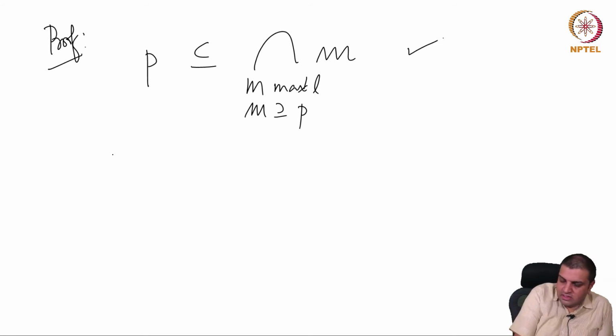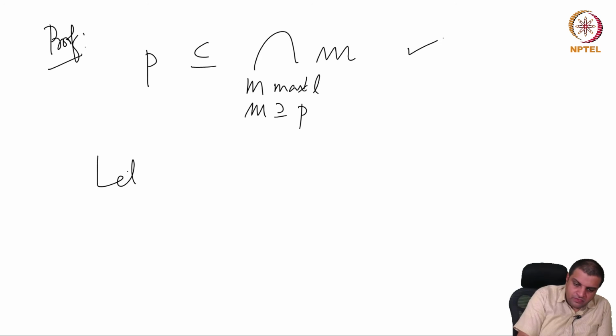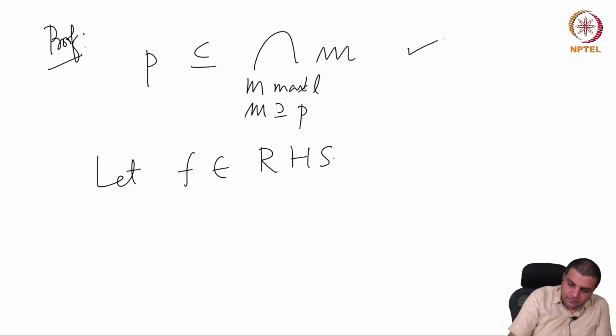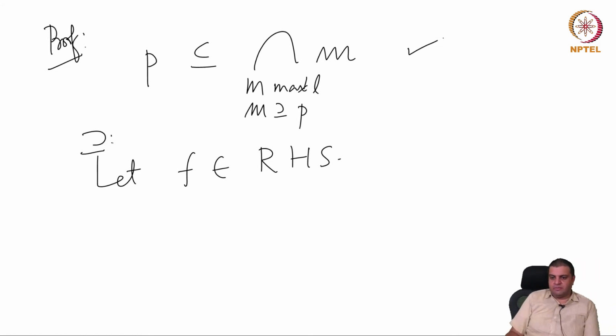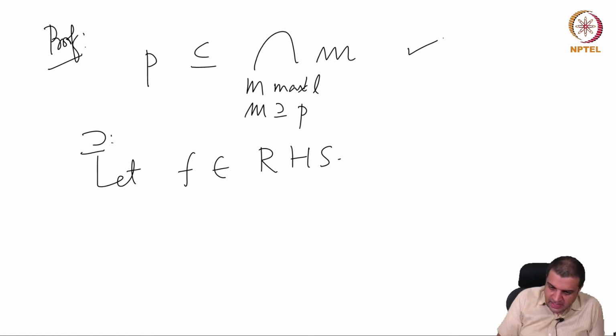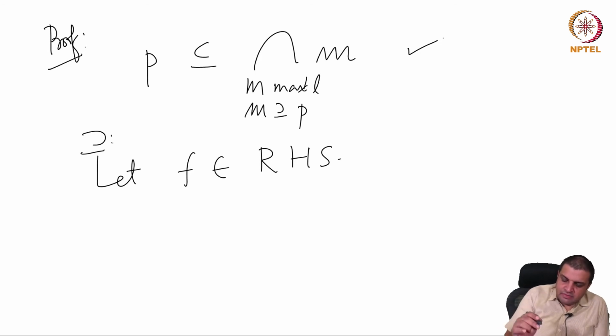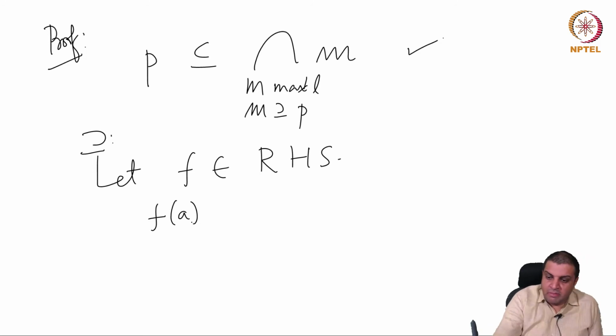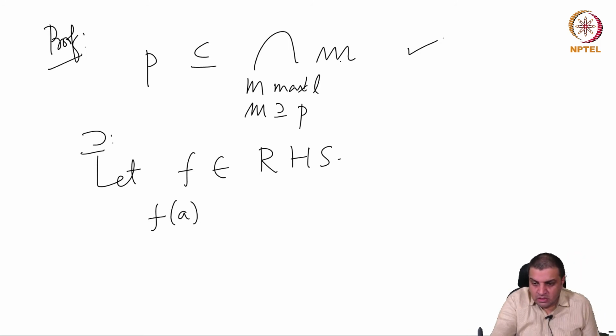Now let's take an element inside the right hand side, so let F be inside the right hand side. This is the proof of this containment. What does that say? It says that F of A, so what are the maximal ideals of this?